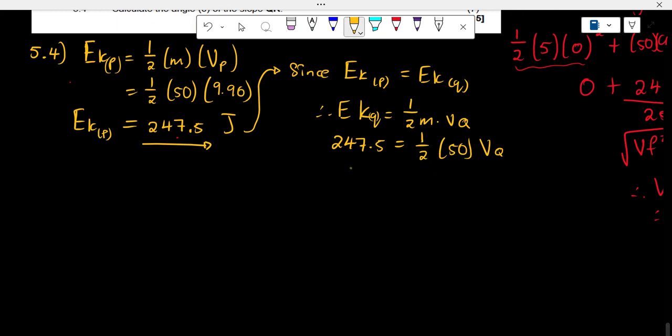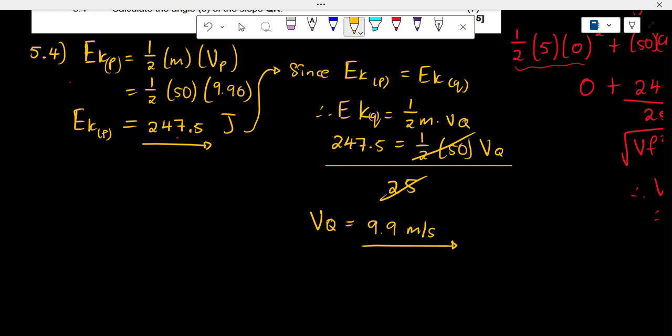And from there, if I divide everything, 50 divided by 2 is 25, so I'm basically going to divide everything by 25. So this would cancel that, and we would then have the velocity at point Q would be equal to 247.5 divided by 25. And that should give me an answer of 9.9 meters per second. So that's the velocity of the ball at point Q.